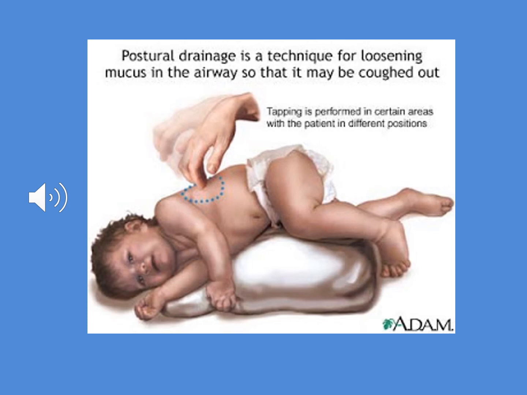So by doing the postural drainage, the idea is that gravity will help when we loosen that up, that they'll be able to expectorate that and not just swallow it again. Because oftentimes, those younger ages, even if they have a strong cough to bring something up, they end up just swallowing it.